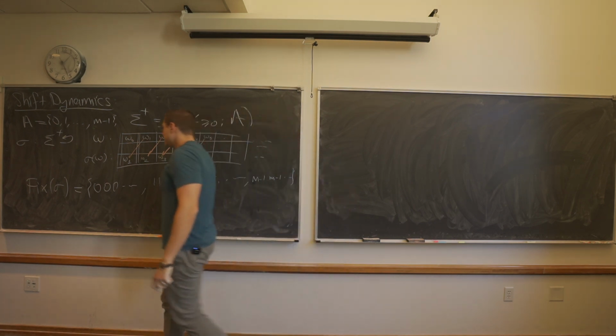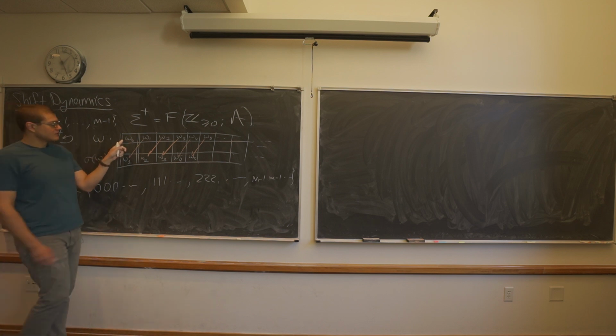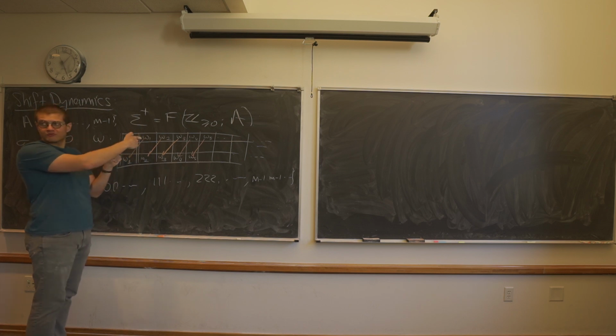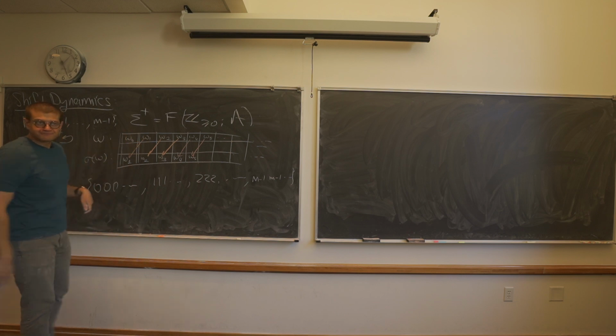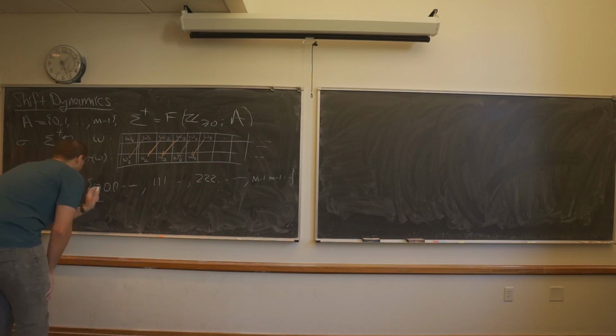How many periodic points of period 2 are there? These are like fixed points, and so the point is that you have m choices for this, and then m choices for this, so m squared. Let me just say the number of these is m squared.